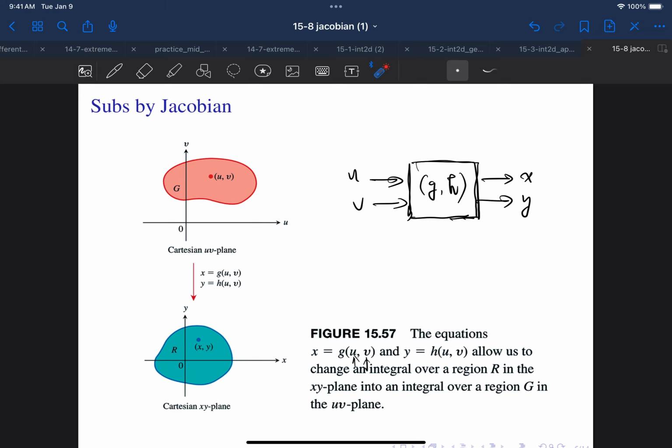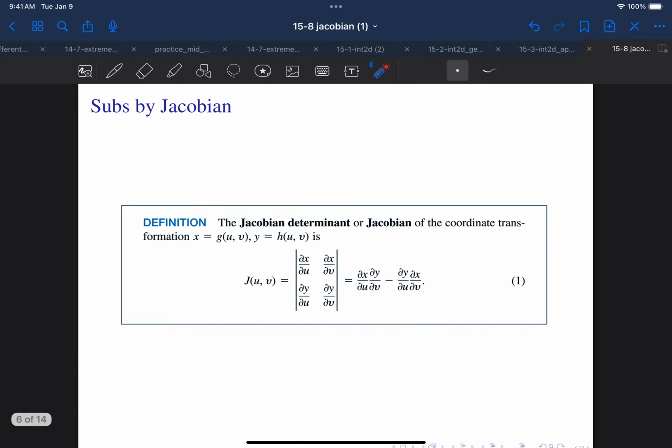After substitution, I want a nicer shape for uv. For double integrals the best shape to deal with is a rectangular domain. So if you have something like a triangle or circle, you want to find a machine that transforms R into G, which gives a rectangular or somewhat similar domain, which is easier for our case.